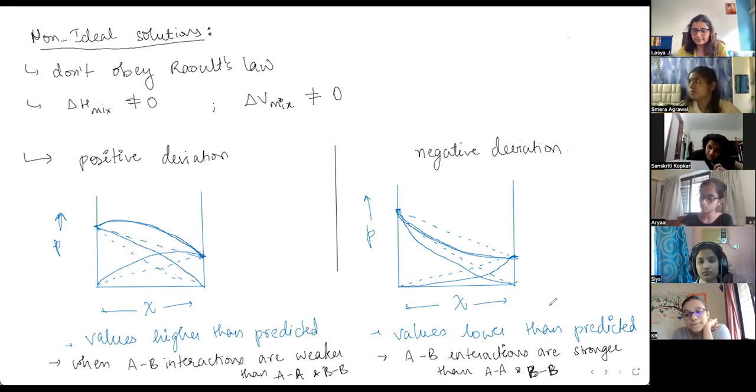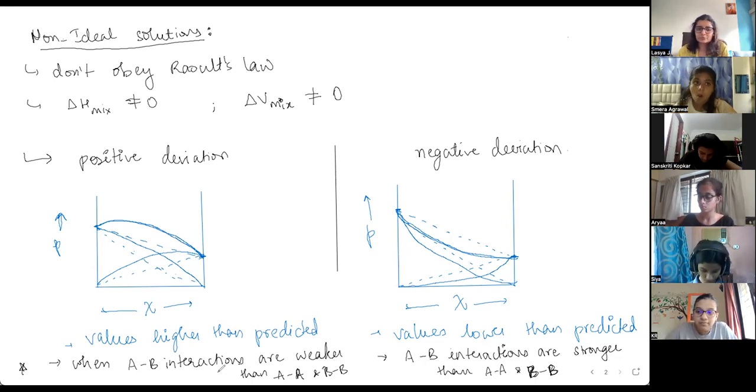Then you need to know which mixtures are positively deviating and which are negatively deviating. Even if you were asked for an explanation, you can simply state this fact. Like with CS2 and acetone that we did, you don't even have to go into dipole-induced dipole and all of that. Just say the intermolecular attractions between both of these are stronger in this case or weaker in this case.